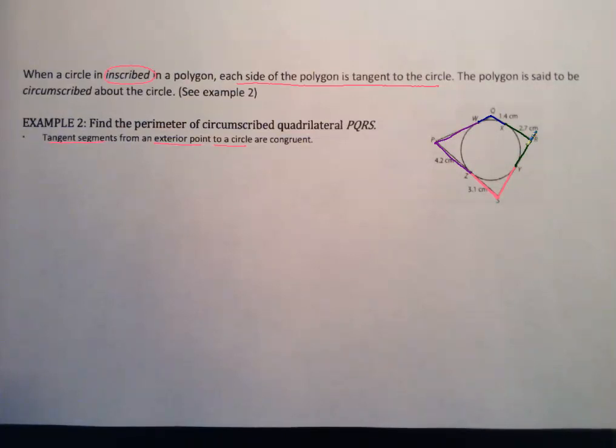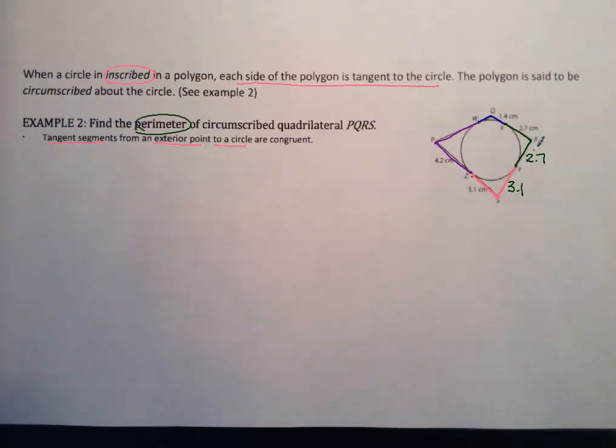Then how are we going to find the perimeter? Right, because now we're tasked with finding the perimeter. We add them all up. So if this was 3.1, then this would be 3.1. And if this is 2.7, then this is going to be 2.7. If you know a shortcut, you could do 2 times each one.